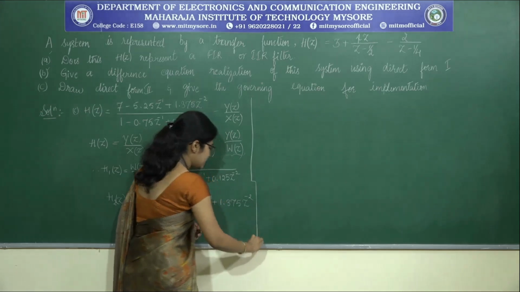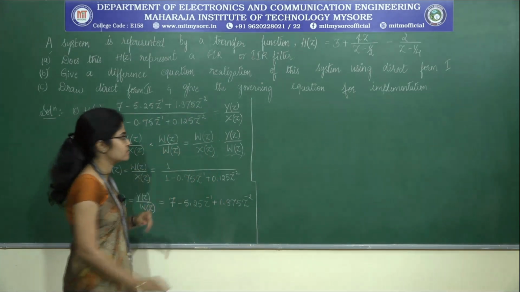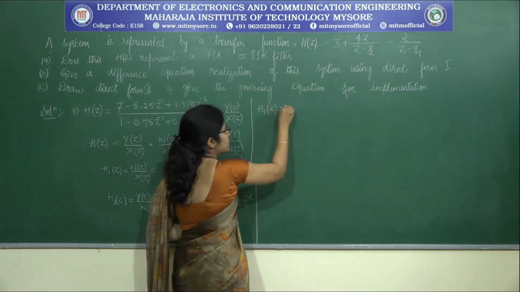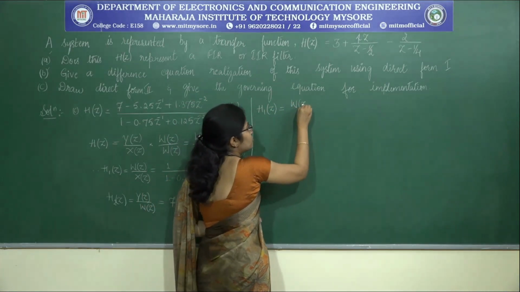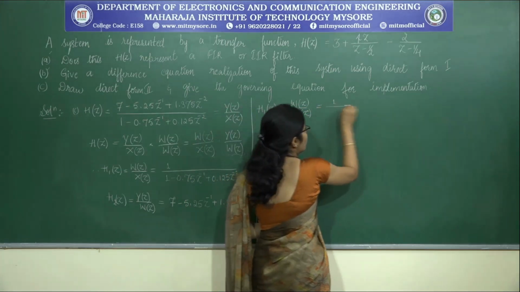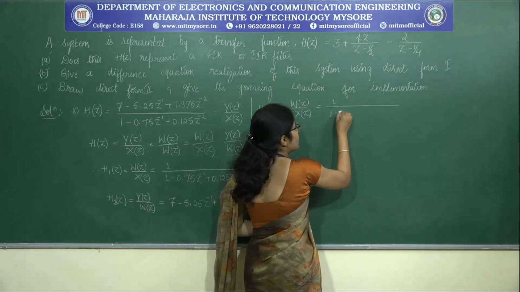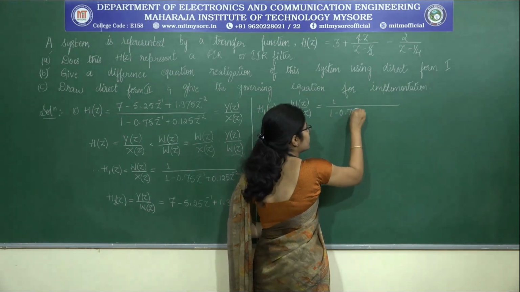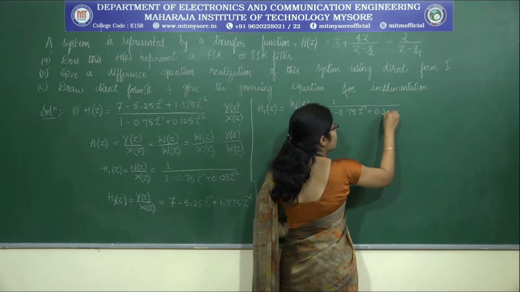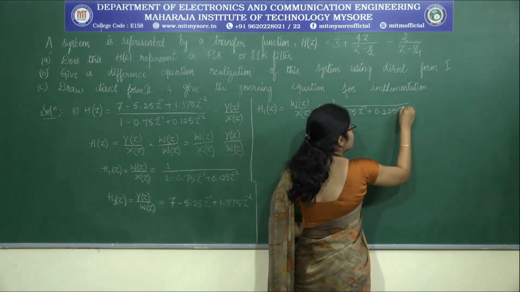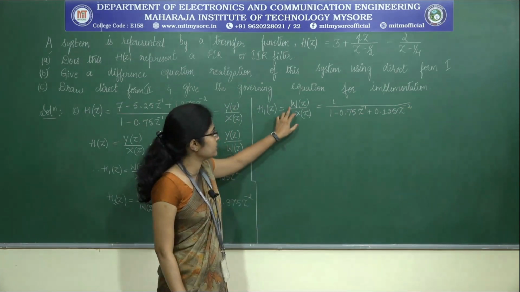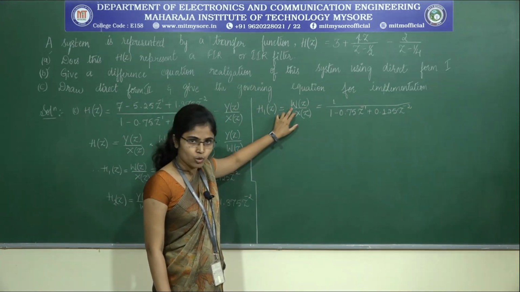For that, first let me consider h1 of z. So, h1 of z is nothing but equal to w of z by x of z, which is equal to 1 divided by 1 minus 0.75 into z power minus 1 plus 0.125 into z power minus 2. Now, in order to get the difference equation, I need to find out the expression for w of z.